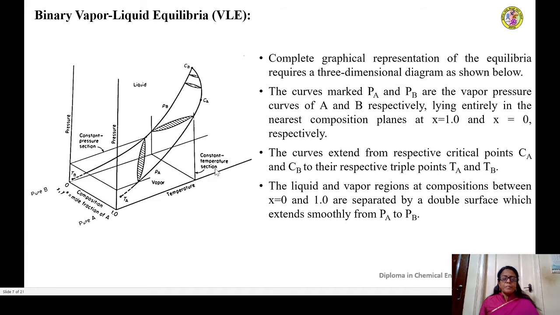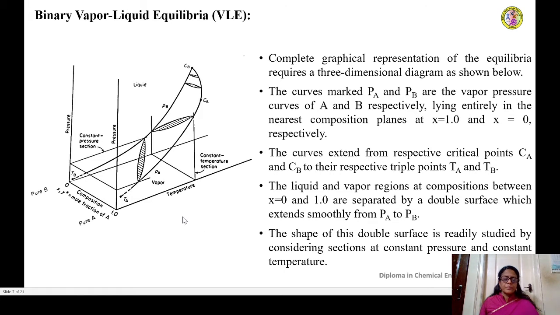The liquid and vapor regions at compositions between x equal to 0 and 1 are separated by a double surface which extends from the vapor pressure of A to B. This is how you can show that extension. So there is a double surface that separates the vapor and liquid phases at various concentrations between x equal to 0 and 1.